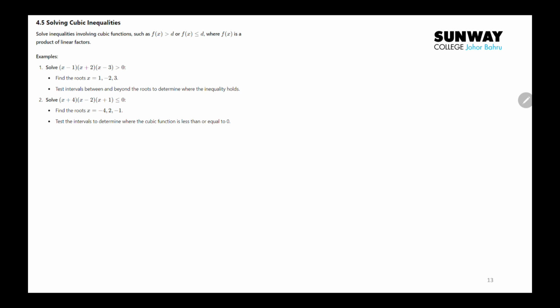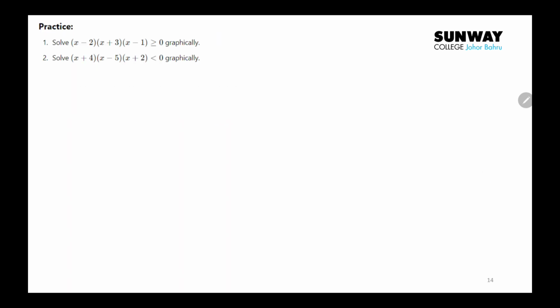When it comes to solving cubic inequalities, remember what we mentioned earlier. The only difference is it follows a different number line rule. The number line rule for a cubic equation is going to be negative, positive, negative, positive. It doesn't start with positive, rather it starts with a negative.